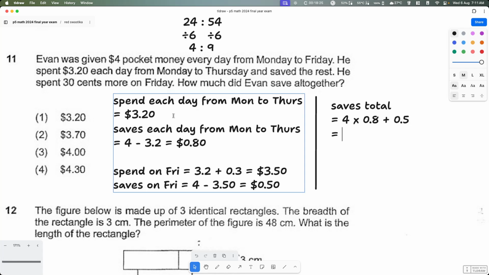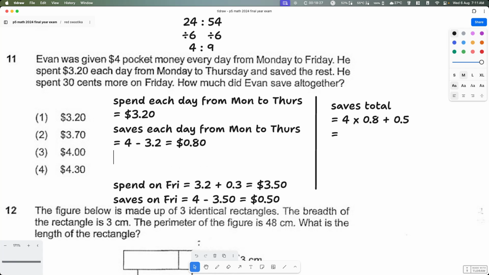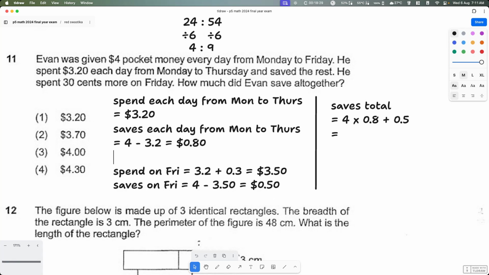Okay, because we know that the number of days from Monday to Thursday is equal to 4. So that's why I put 4 times 0.8 and then plus 0.5. This will be 3.2 plus 0.5, and this will become $3.70.